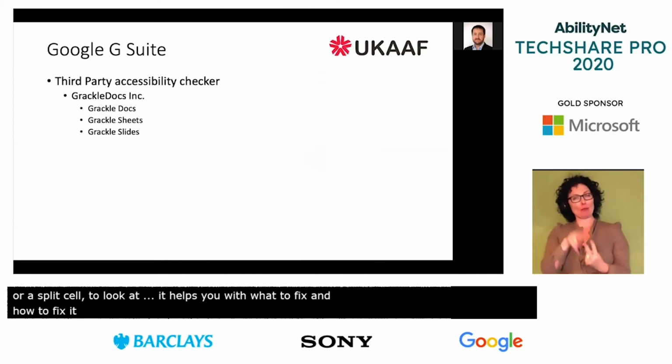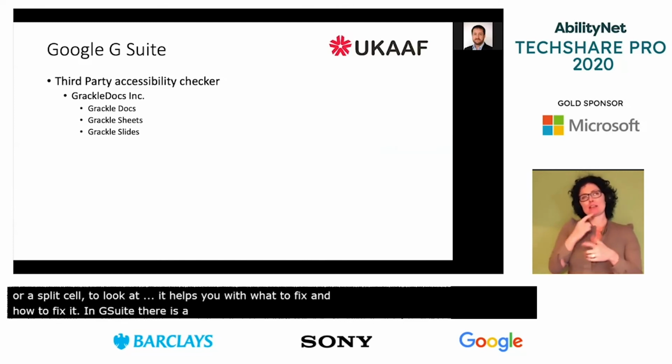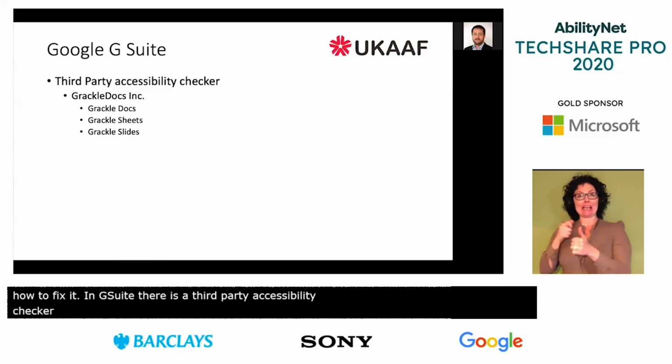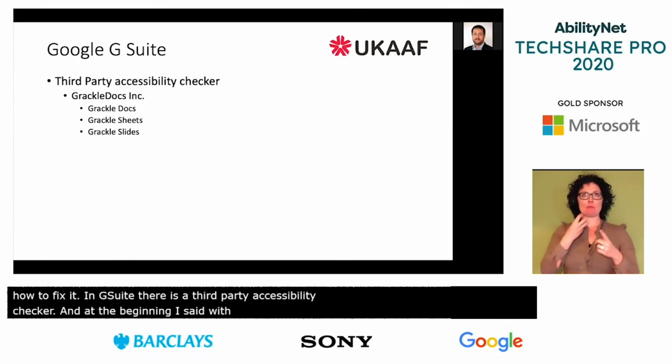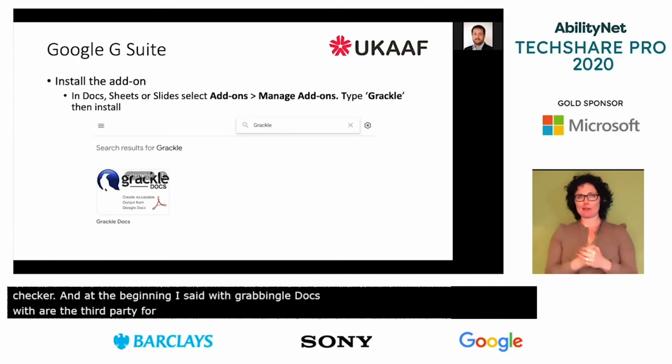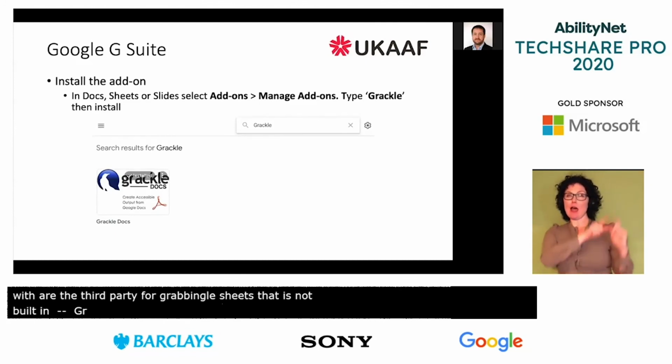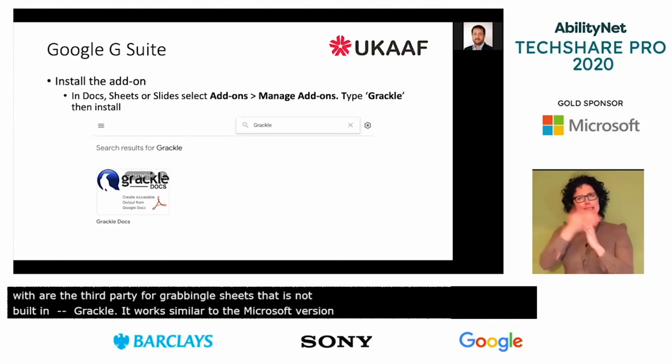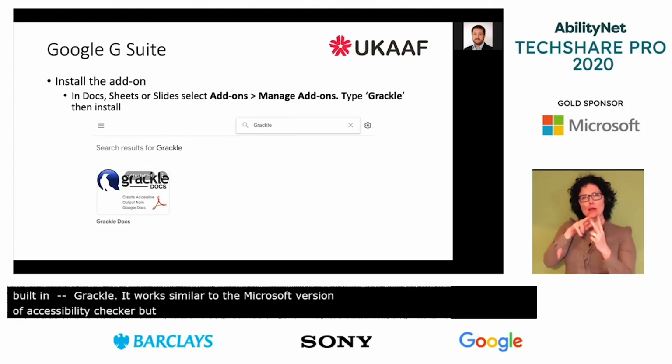In G Suite, there's a third-party accessibility checker, and at the beginning I said I'm co-founder of a company called GrackleDocs. We are the third-party accessibility checker for Google G Suite. There isn't one built in, and we've created an add-on for Docs, Sheets, and Slides. In the end, it works quite similarly to the Microsoft version of an accessibility checker, but there's a couple of extra steps to make sure that you've got this on your Google G Suite implementation.